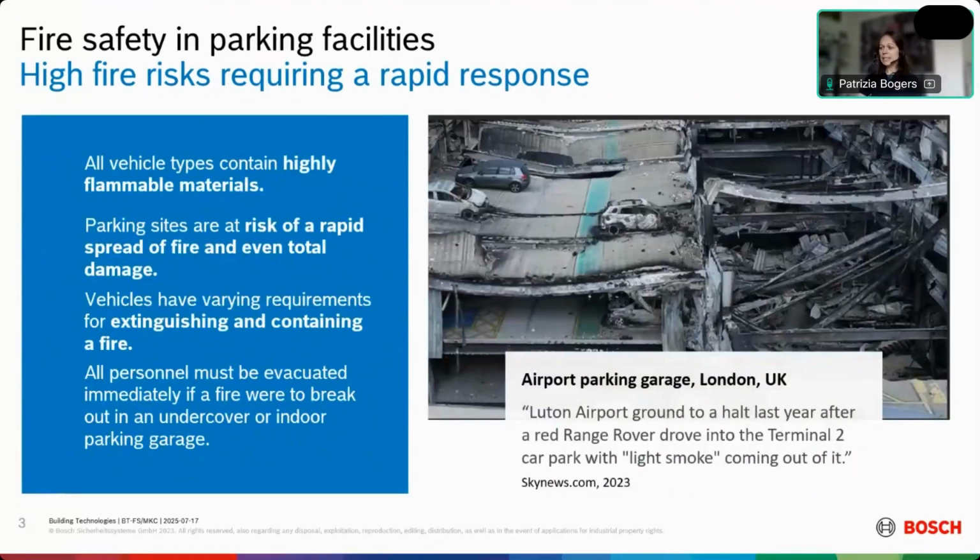I brought an example from a concrete case, an incident that happened 2 years ago in London, where at Luton Airport, a Range Rover drove into the Terminal 2 car parking area, already with light smoke coming out of the car caused by an electrical failure.